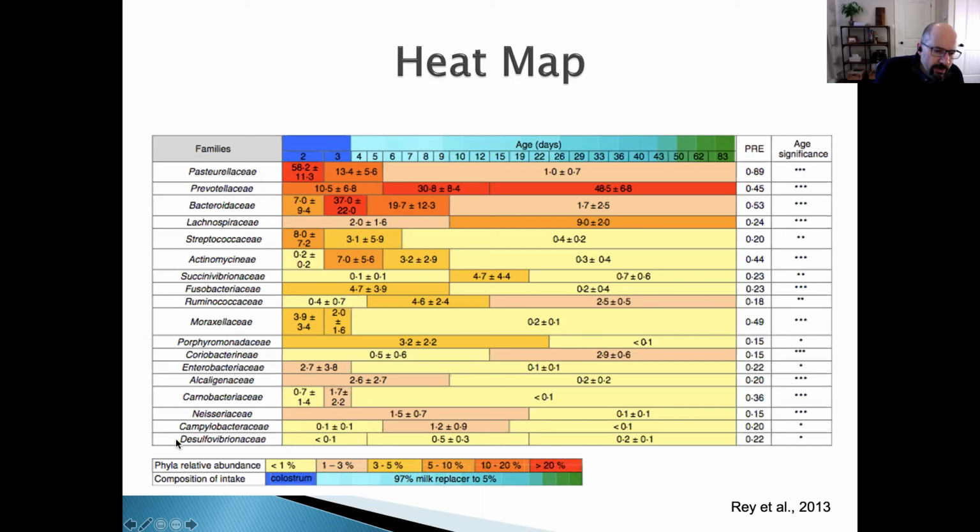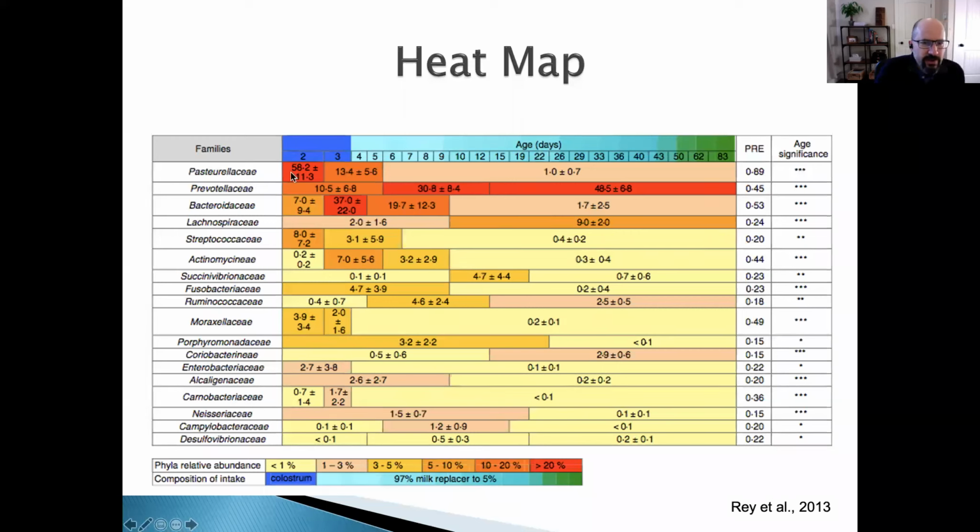Yeah, see, I found an error here. If I were reviewing this paper, I would say, why are you calling it phyla relative abundance if you only have families here? Okay, so this is wrong. But let's say it was right.